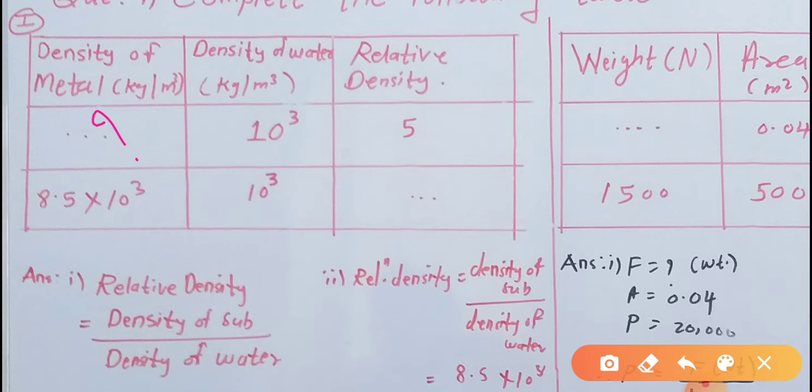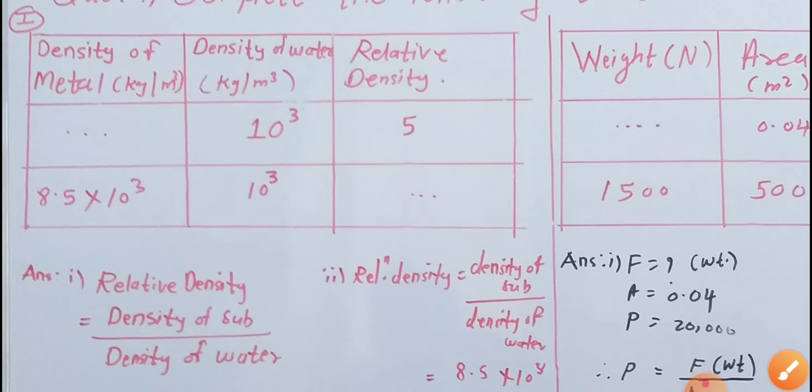Density of water is given as 10 raised to 3 and relative density is 5. In the second example, density of metal is given as 8.5 into 10 raised to 3. Density of water is also given, so here we have to find the relative density. Let us suppose this is x. We have to find it out. First example, see.